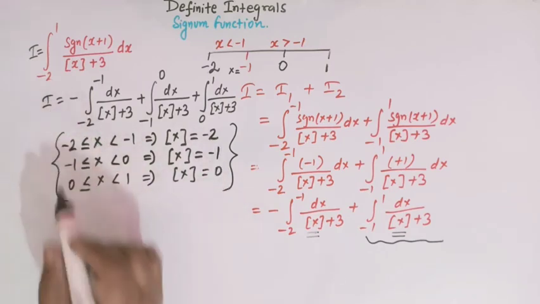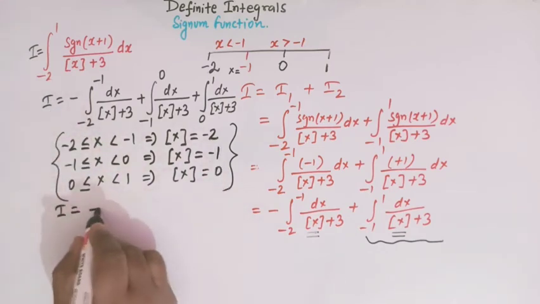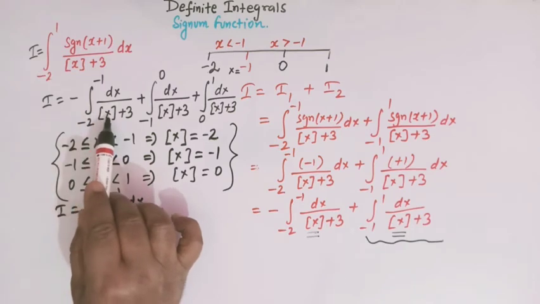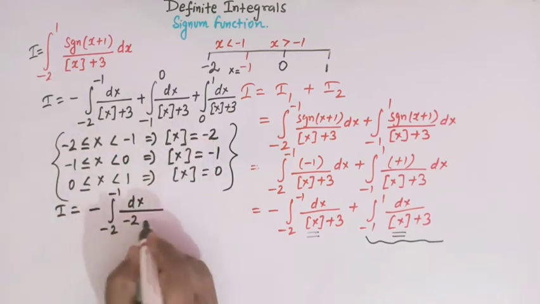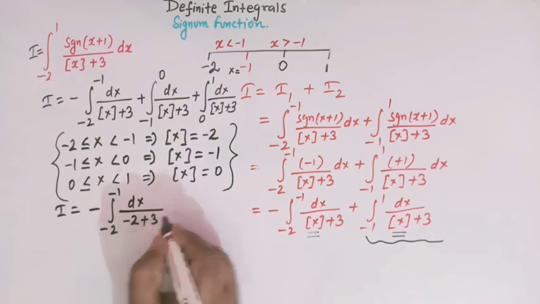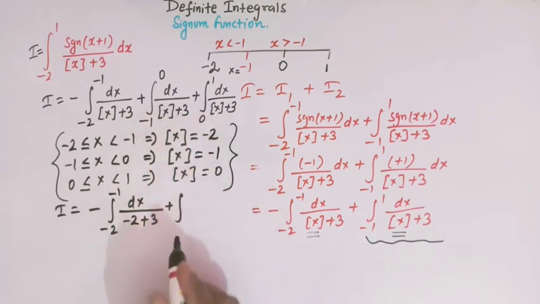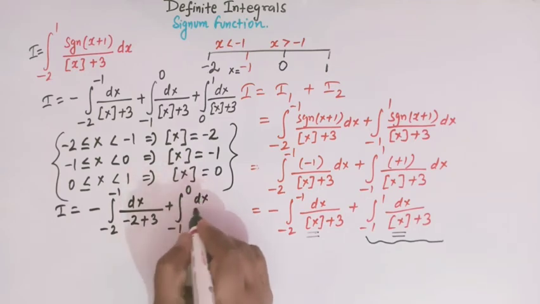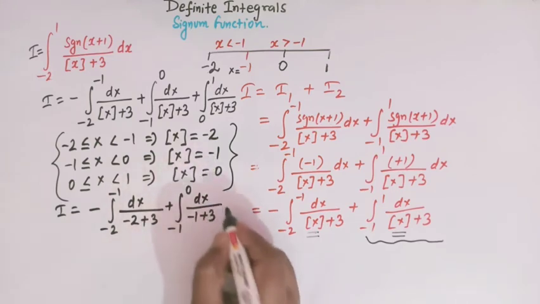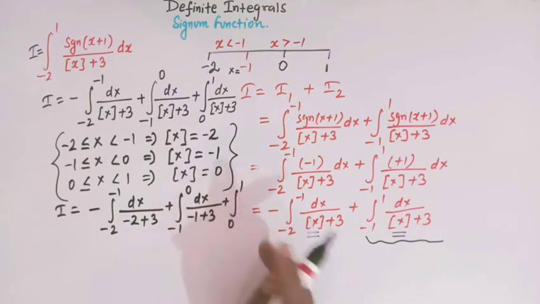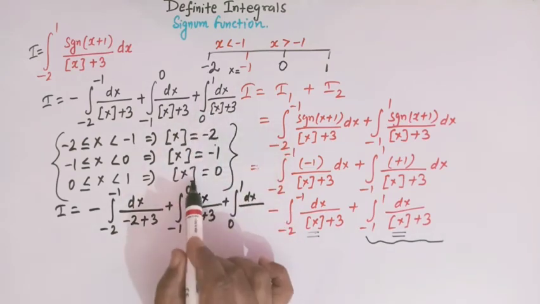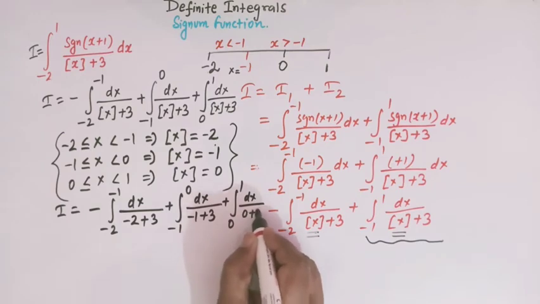So now we can rewrite this integral I as -2 to -1 dx, and for this greatest integer x we can now write -2, and then we have +3, and similarly we can write the other two integrals, that is -1 to 0 dx, and for this greatest integer x we can write -1, so we have -1 plus 3, and here we have 0 to 1, and we can write dx over, for this greatest integer x we can write 0, so we have 0 plus 3, right?